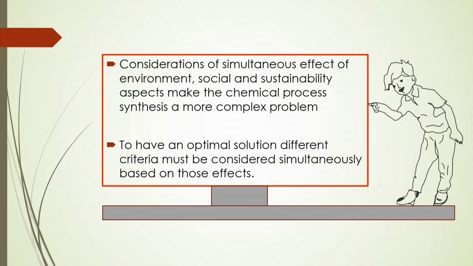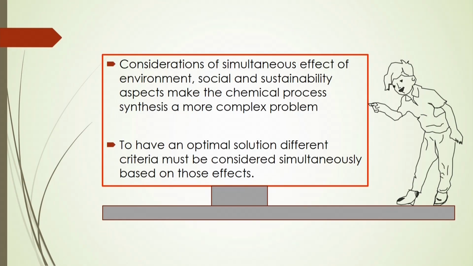By considering these three effects, whenever you get that complex phenomena, you may not get a single optimal solution; maybe multiple optimal solutions you can expect. But to get an optimal solution, different criteria should be considered based on those effects.